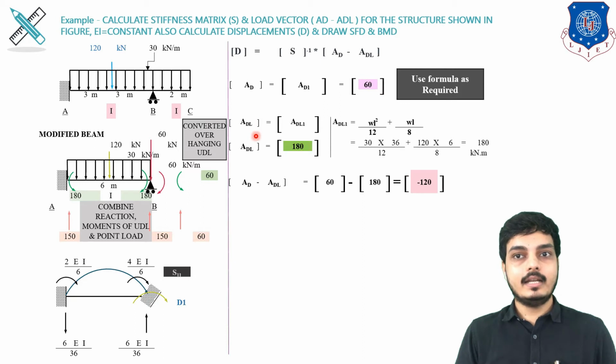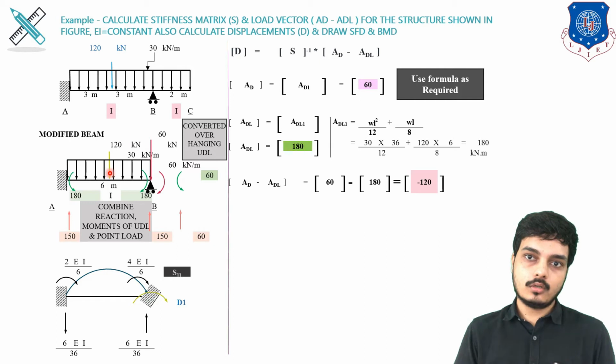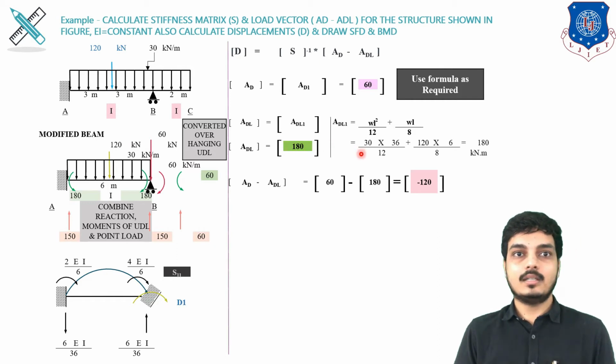Next is ADL. ADL will be WL square by 12, which is due to the UDL, and WL by 8, which is due to the point load. So the UDL part is 30 multiplied by 6 square, 36, divided by 12, plus 120 into 6 upon 8.